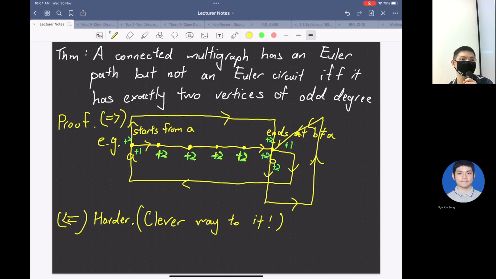This is what you want to think about and prove. So how do you produce the Euler path? Any idea?